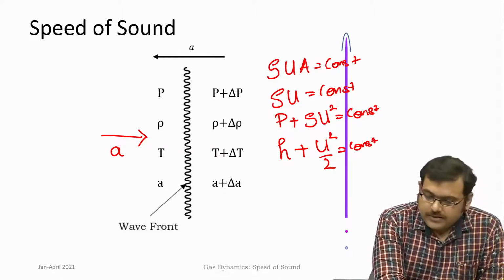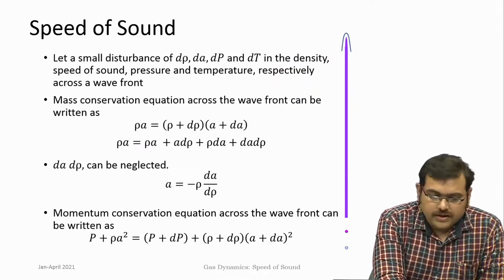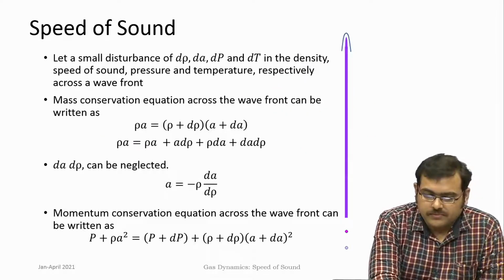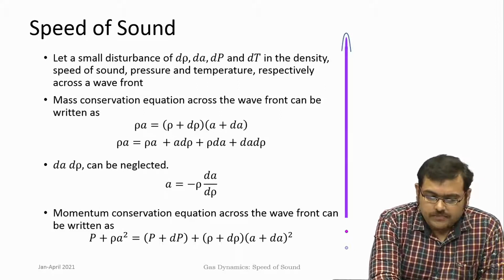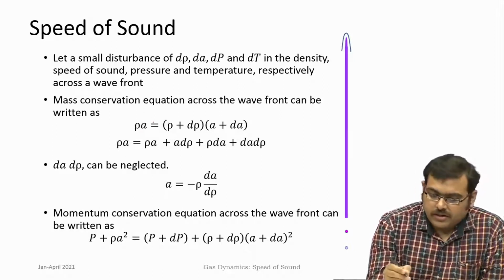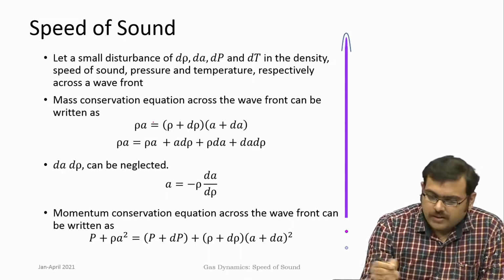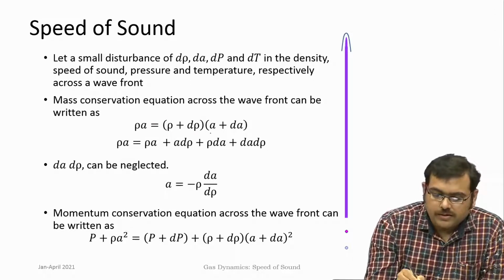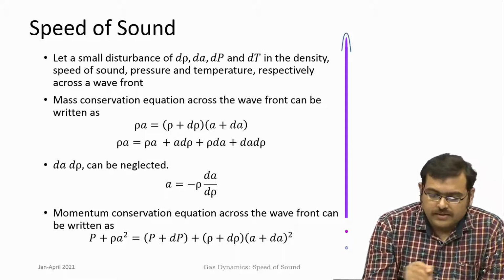Now, we apply these conservation equations across the disturbance. If you write the mass conservation equation, you get rho a is equal to rho plus d rho multiplied by a plus dA. It is just the conservation of mass.